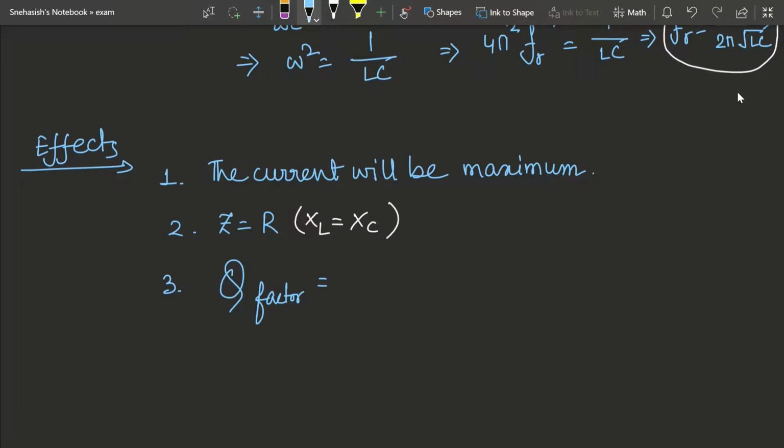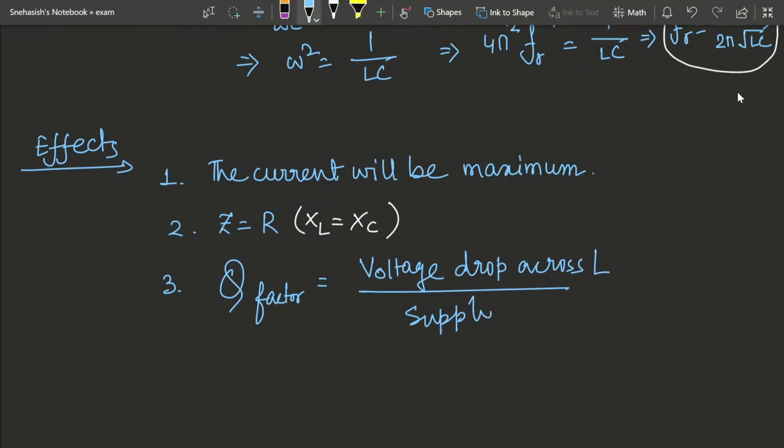So now just know this, that Q factor equals the voltage drop across anything, like L or C, upon the supply voltage. Let's say across L. Okay, so this is the Q factor for the inductor.